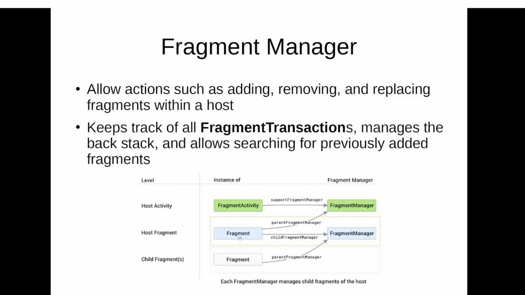If you would like to access the activity's fragment manager for whatever reason from within a child fragment of an activity, you can do so by referencing parentFragmentManager. If, however, you want to access your own fragment manager from within a fragment so that you can manipulate fragments that this fragment is hosting, you would reference childFragmentManager.